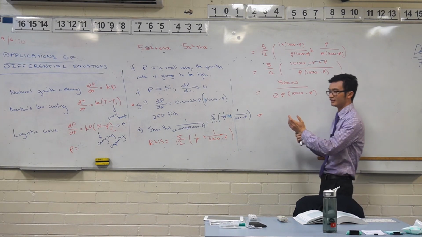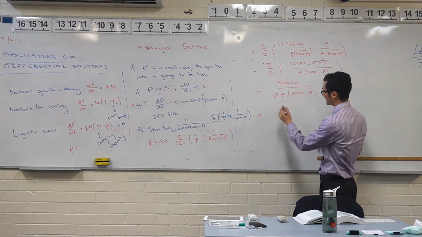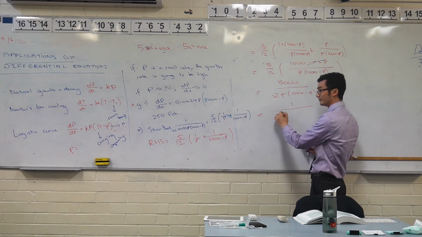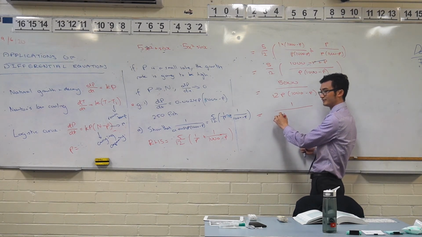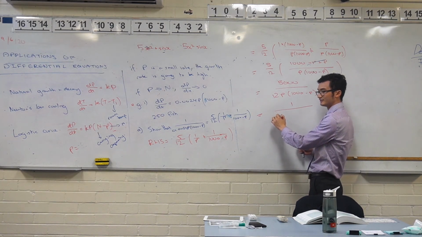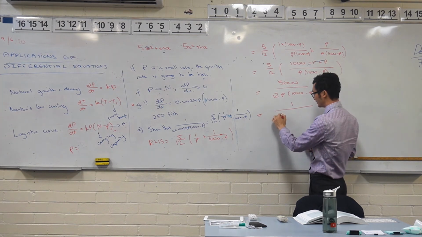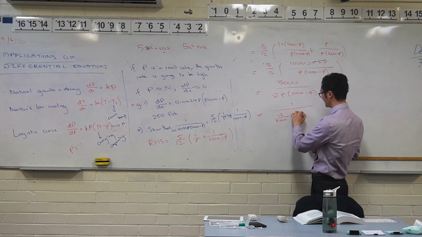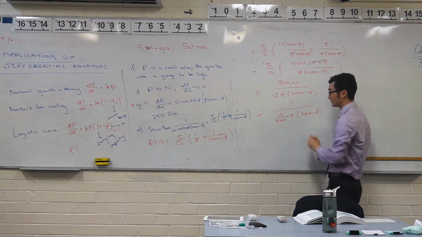So if you write 1 over 12 over 5,000 p, like that, that's actually going to be the same thing.